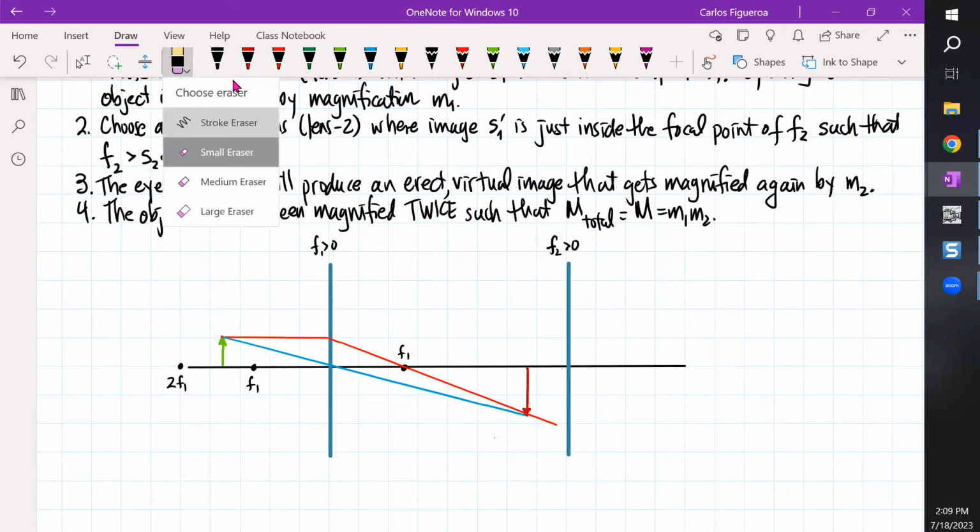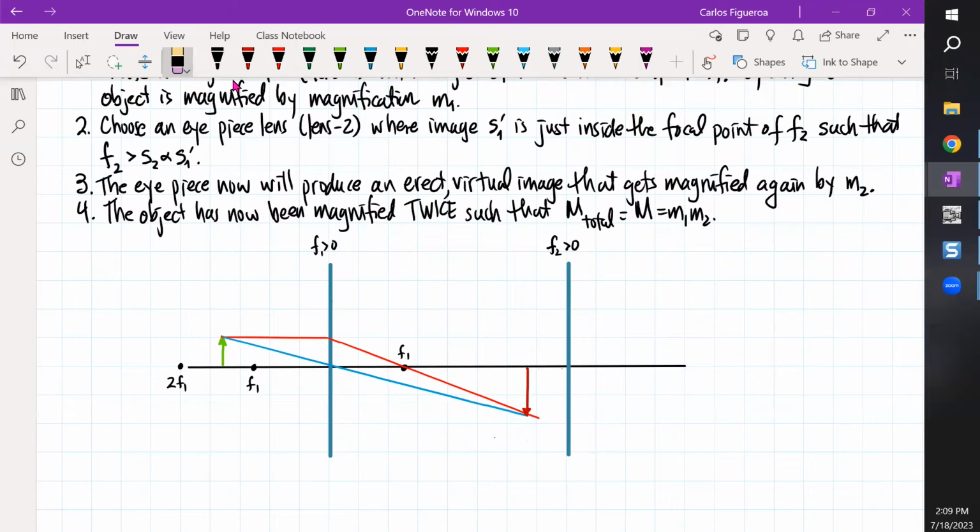So to clean this up, like I said before, I'm going to erase this amount of the ray. So I see that ray number 1, ray number 2 goes like that. So if I look at what I see about this ray, here's what I'm seeing. This here represents my object distance from here to here.